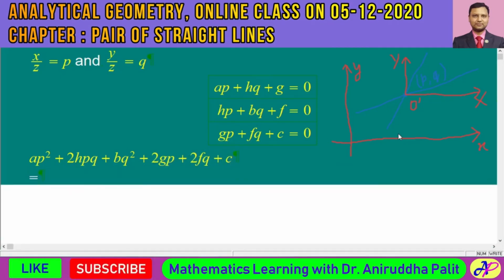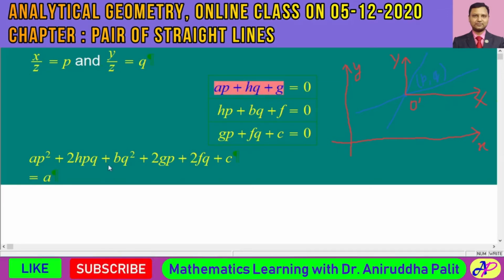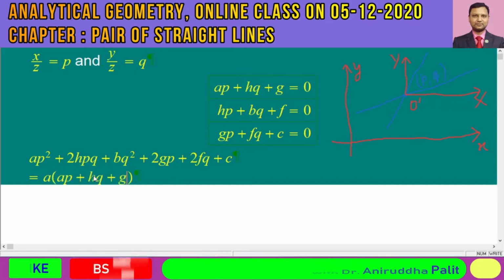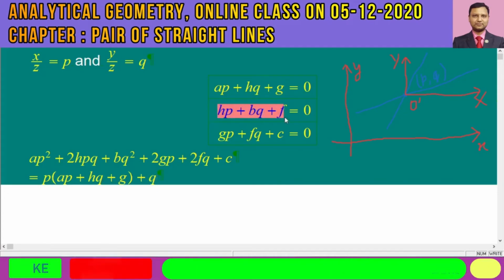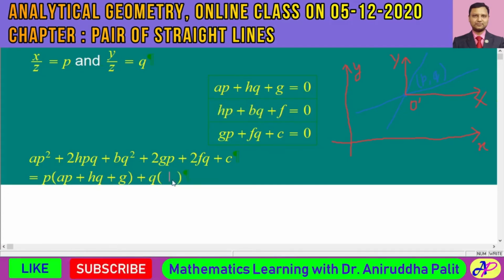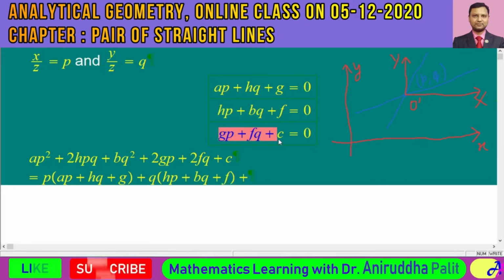Try to observe this expression very carefully. You see, this expression can be written as p into the first equation, plus q into the second equation, plus the third equation.